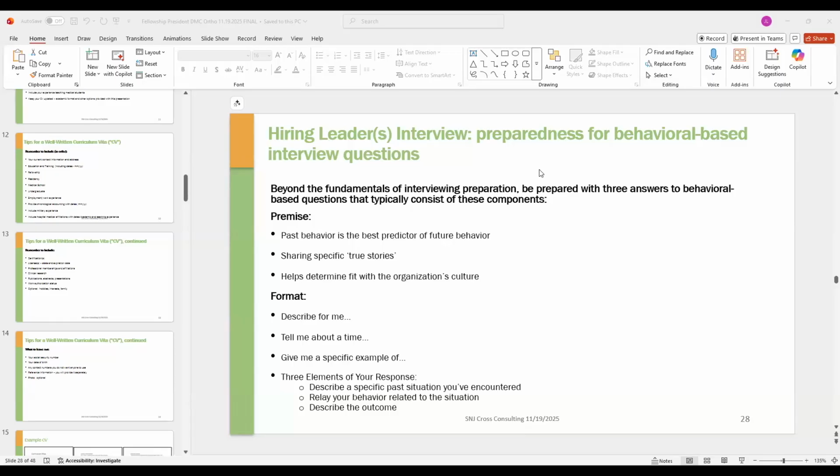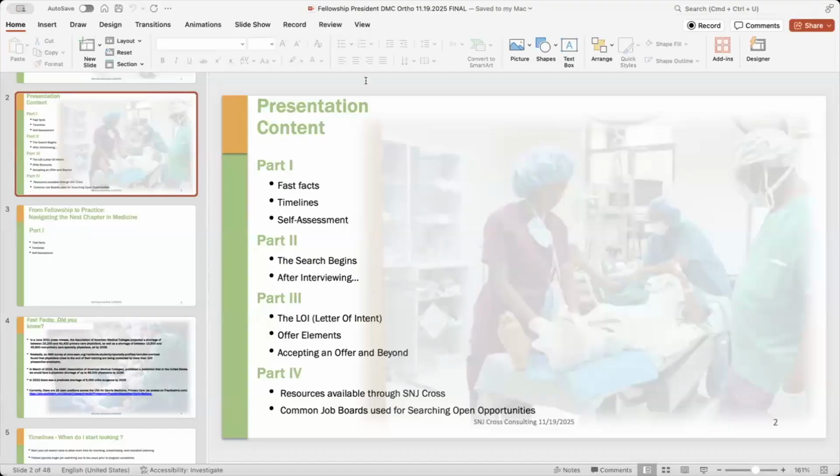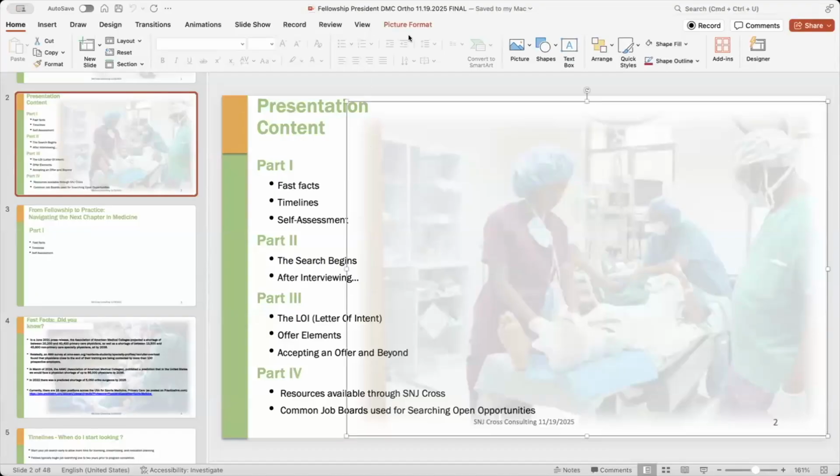In 2022, there was a predicted shortage of greater than 5,000 orthopedic surgeons by this year. Are you able to see the presentation? Yes. Okay, good deal. There we go. So this is the screen that I just spoke about.